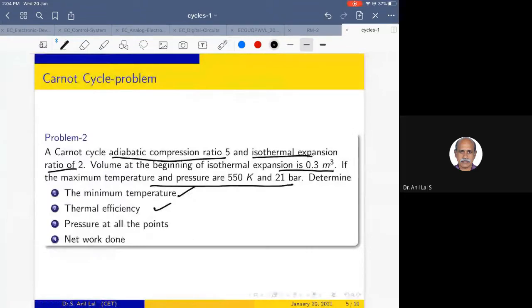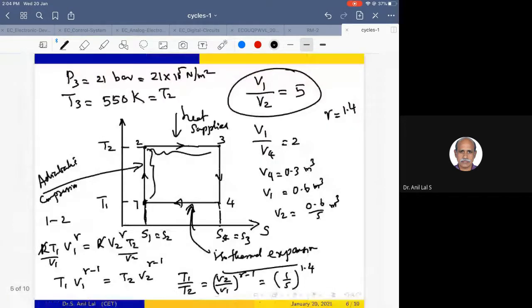Next, you have to calculate the temperature at all the points. Sorry, the pressure at all the points you have to calculate.